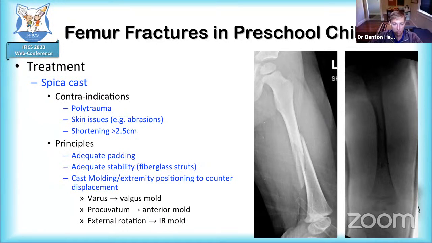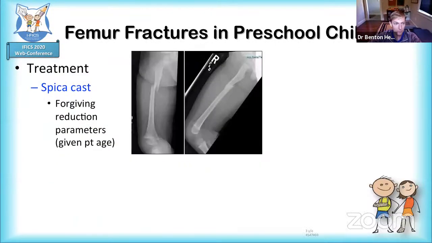So it tends to displace into varus, so a valgus mold. I've seen more displacement with procurvatum with the weight of the distal aspect of the distal fragment leading to procurvatum, so tend to apply an anterior mold, though we see the opposite as well. And then external rotation tends to be the position of displacement, so applying a little bit of internal rotation during the molding process is important.